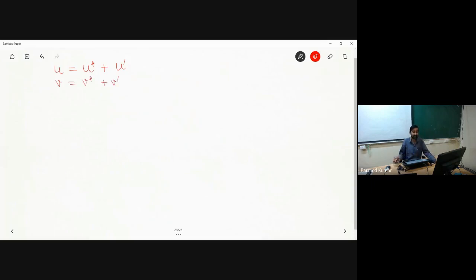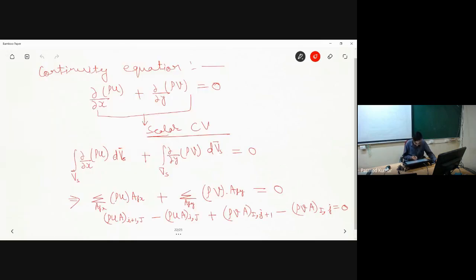Here u dash and v dash refer to the correction terms, u star and v star are the values of velocity corresponding to the guessed pressure, and u and v are actually our accurate velocity fields. Now I have to estimate the velocity field for all the points: u at small i plus 1 comma j and at small i comma j, and v at capital I comma j plus 1 and capital I comma j.